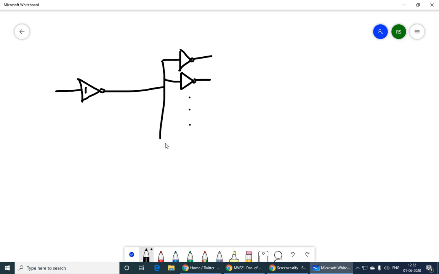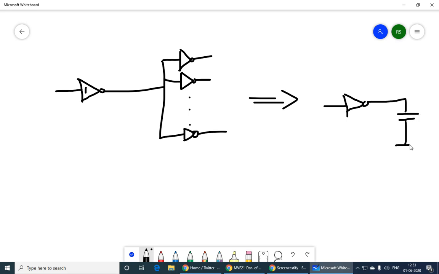We need this to calculate the fan out or H. So we can replace this with an inverter driving a load of 64, and this is our problem.